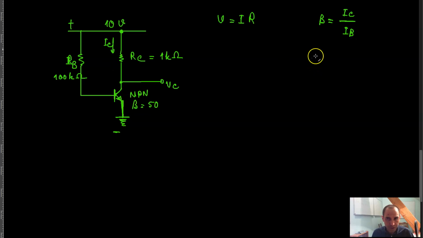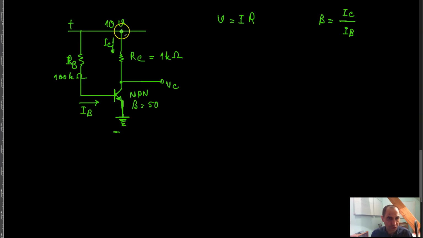Since beta is equal to I of C to I of B, if I am able to calculate the base current of the transistor, which is this current over here, the current going through the base of the transistor, then based on that I can calculate the collector current, which is I of C over here. And of course I already know that beta is equal to 50. So now, what is I of B?